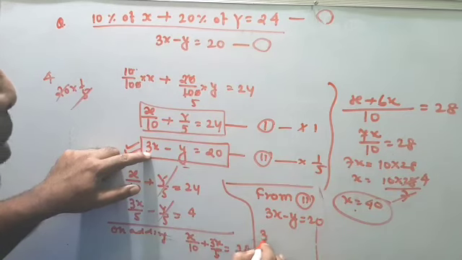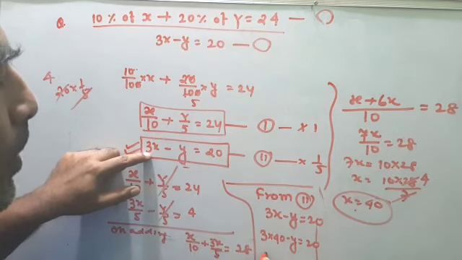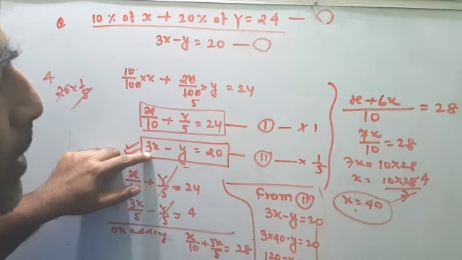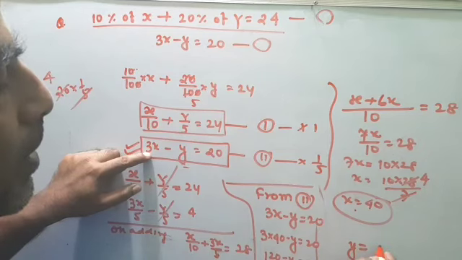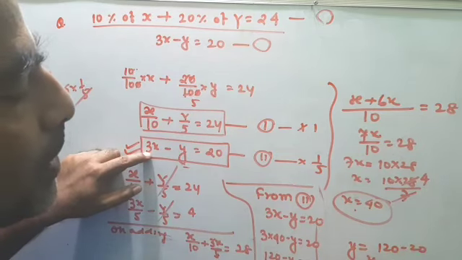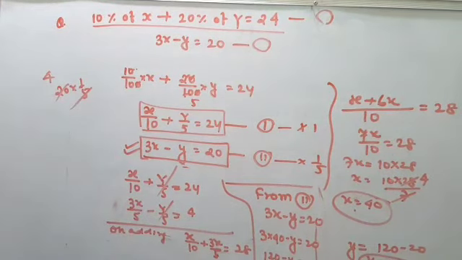In place of x you put 40, so 3 into 40 minus y is equal to 20. 3 fours are 120 minus y is equal to 20. Minus y goes this way, so plus y is equal to 20 here. So 120 minus 20, that is 100. So like this you solve for your x and y. Okay.